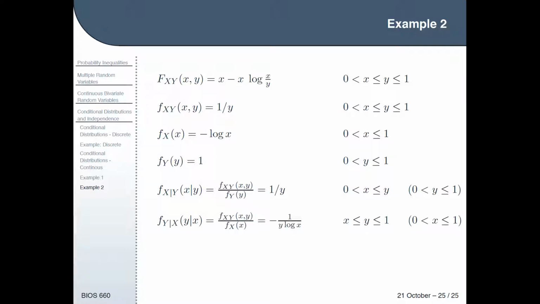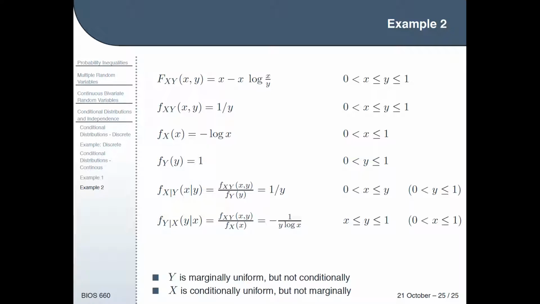And similarly, to find the conditional distribution of y given x, we take the joint density divided by the marginal density with respect to x, and we end up with minus 1 over y log x. And the support, once again, here we're assuming that x is known, so the lower bound of this distribution is x. Y can be anywhere between x and 1.